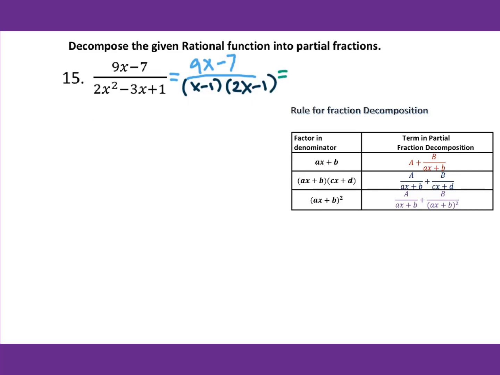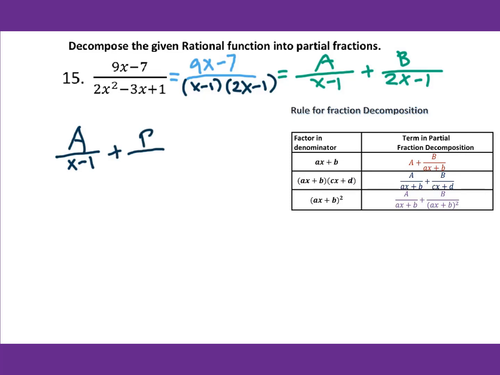You will set up A over x minus 1 plus B over 2x minus 1. Let me write down over here: A over x minus 1 plus B over 2x minus 1.